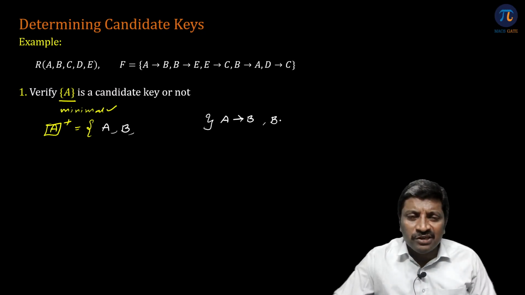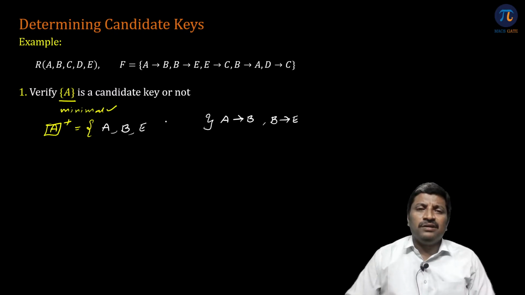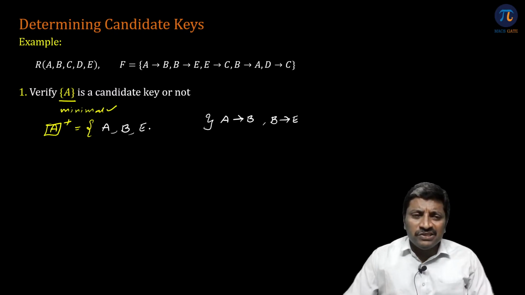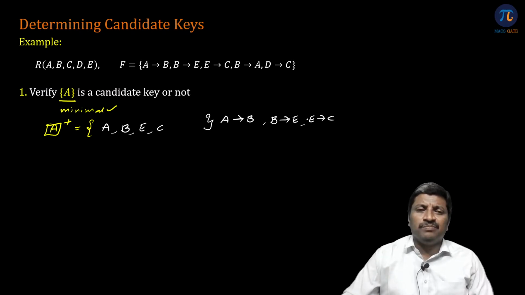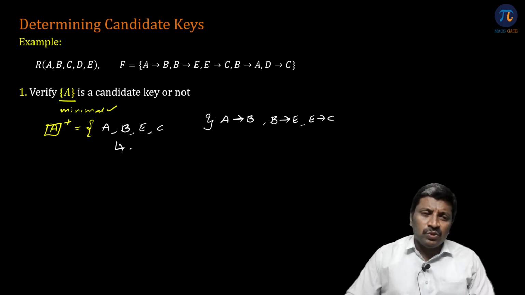Yes, we have a functional dependency B implies E. Fine. Then B implies A. We already have A. Then anything, sir? With the E, I can get C. Then I want D. Can we get D, sir? No, not possible. So we don't have all attributes.